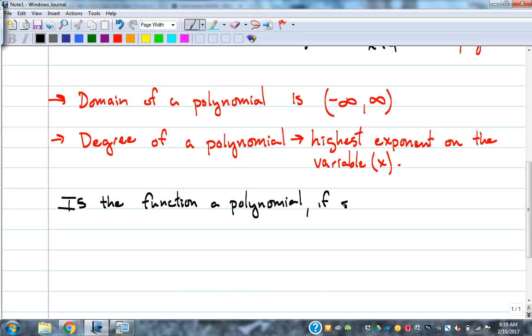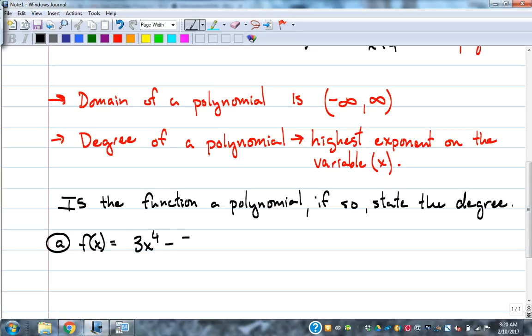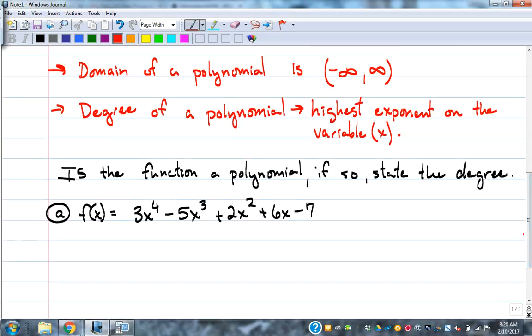If so, state the degree. All right, example A. F of x, so it's a function, we know that. 3x to the fourth power minus 5x to the third plus 2x squared plus 6x minus 7. Is that a polynomial? All right, so it satisfies what rules?